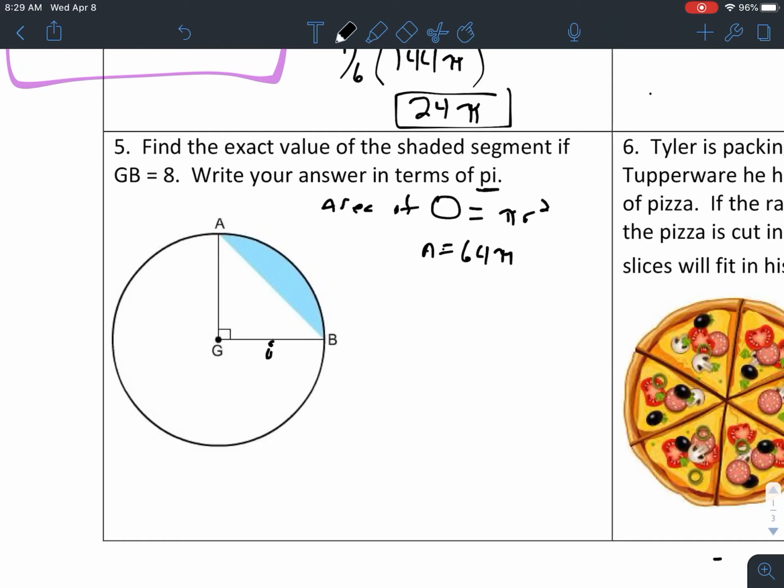Now we have to find out the area of, let's see. I'm looking at one of the problems that we did in the past and just seeing how they got to this.